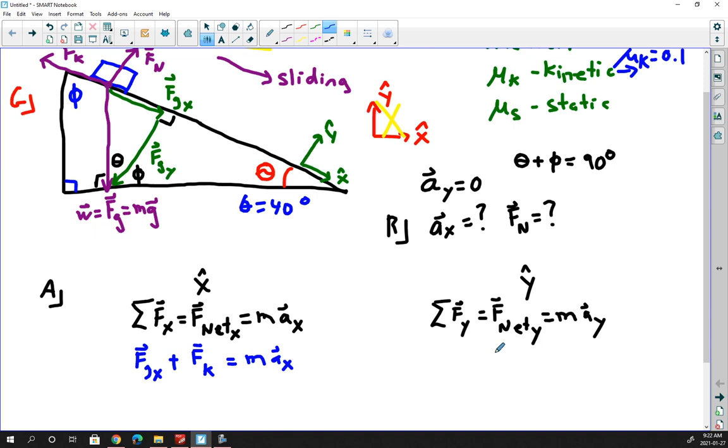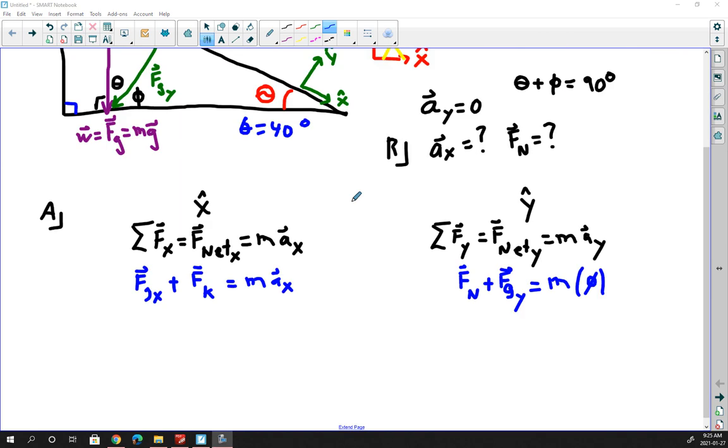And over here, you're going to have a normal force plus force of gravity y component is equal to mass times acceleration in the y direction, which we have, through our discussion, decided is 0 because there's no motion up or down. Best to say in the y direction.